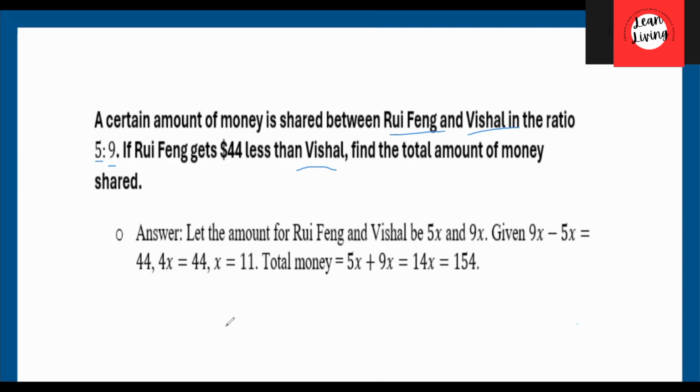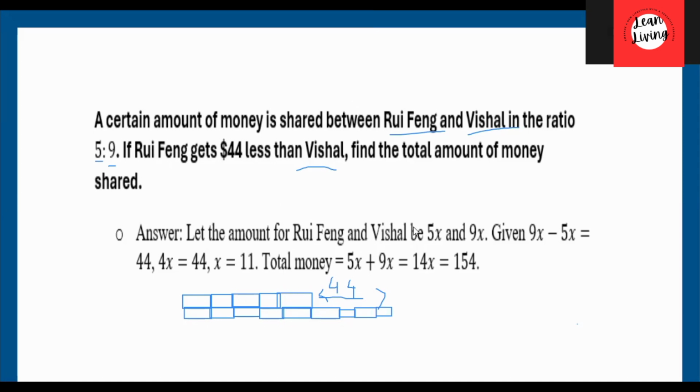So what we can do is, this side is your $44 because this is the difference between Ruifeng as well as Vishal, the money in between.